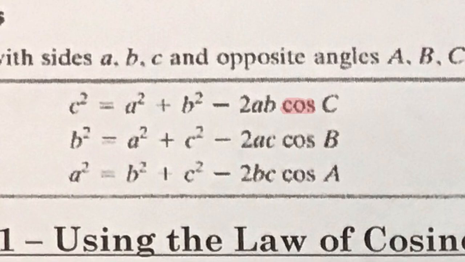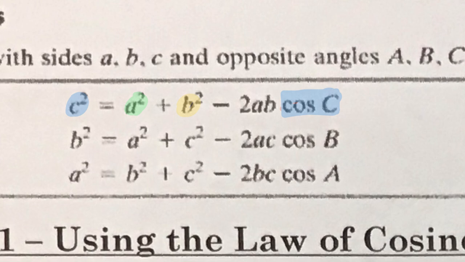Now all of these are basically the exact same formula with a couple of different nuances, so you need to pay attention. If we're solving for side C, that means we are using the cosine of angle C. We have to know this angle C in order to find side C. We also need to know the other two sides, A and B, and C is the angle in between.